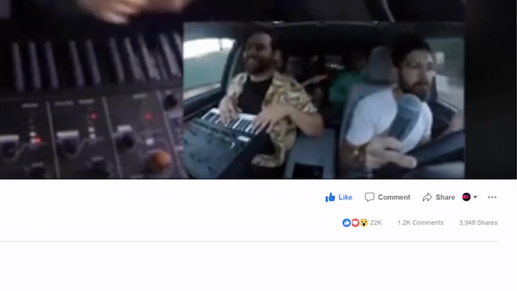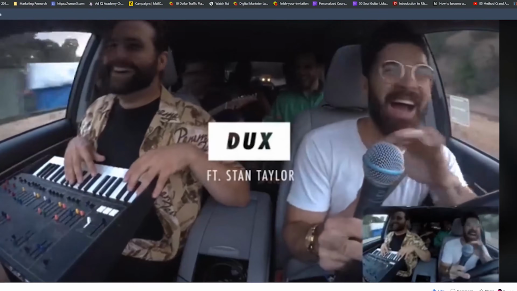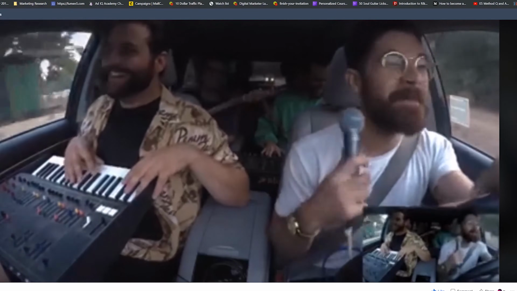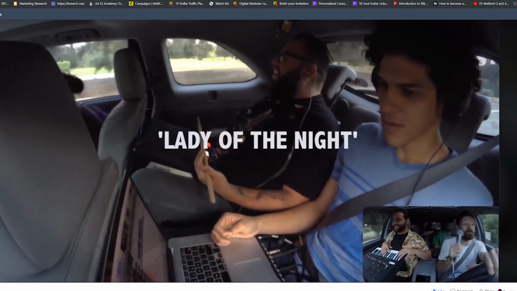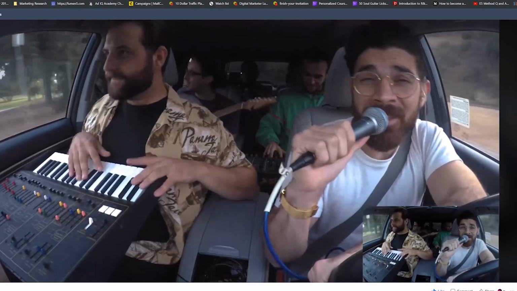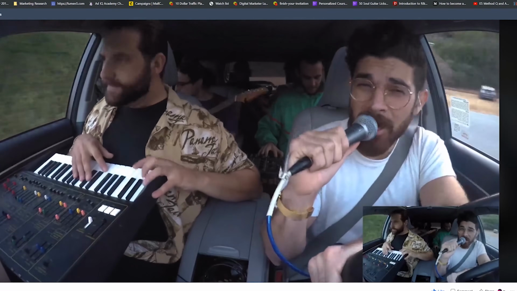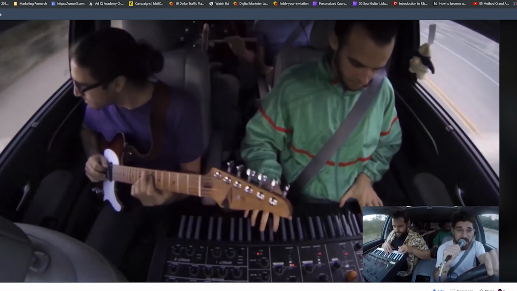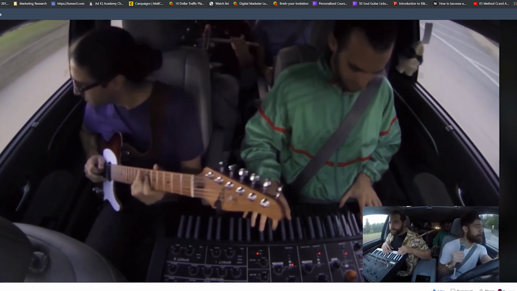They're really wired up. If you were in this van, the only thing you would be able to hear is the singer's voice unless you had headphones in. So they're all running off of a generator and they've got headphones in, they're recording the audio live, and the singer's singing with this microphone while driving. This is your morning commute, right? It's something you might have seen on the highway.